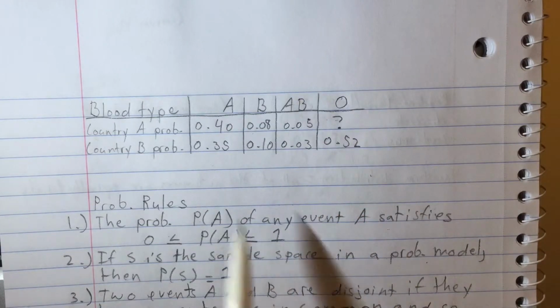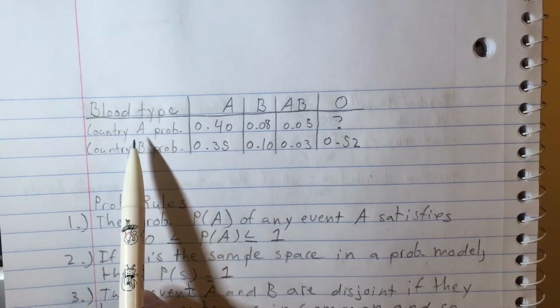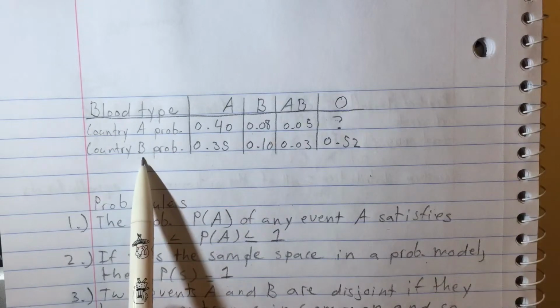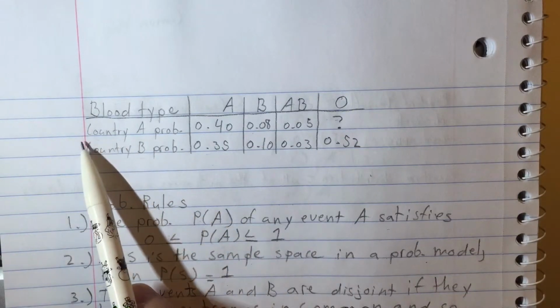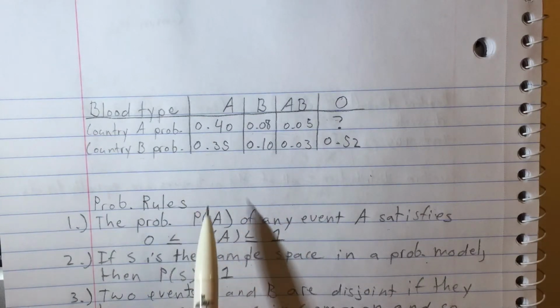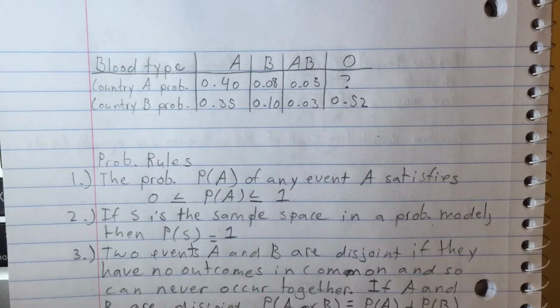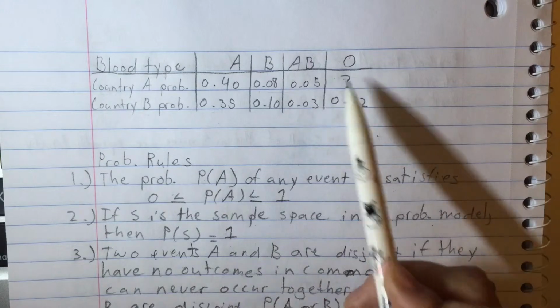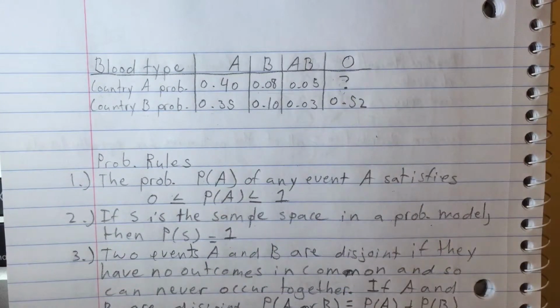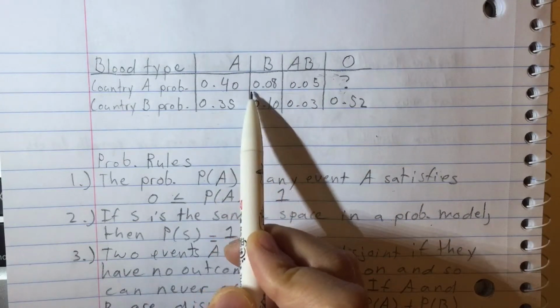For this purpose, you can ignore the country B probability column, because people in country A and country B, let's treat them as independent of each other. Following the probability rules, you want to figure out what goes in this spot right here.